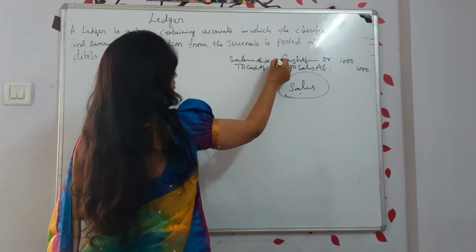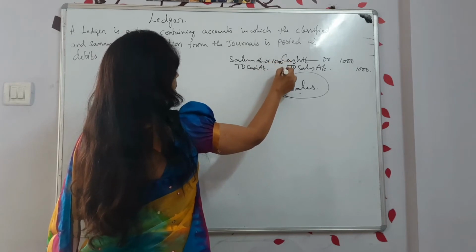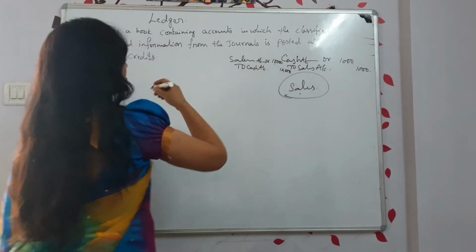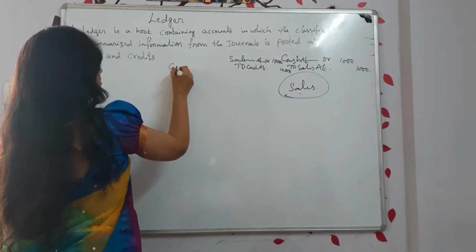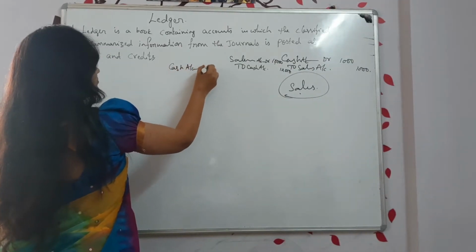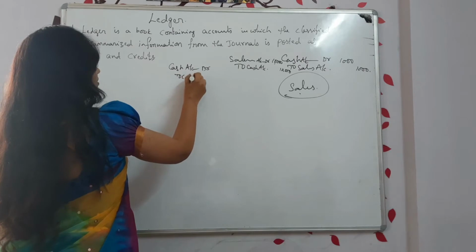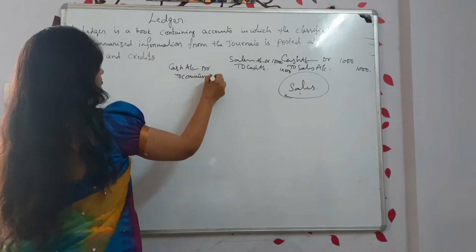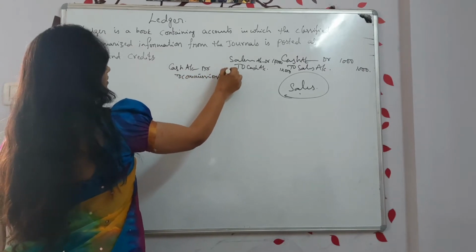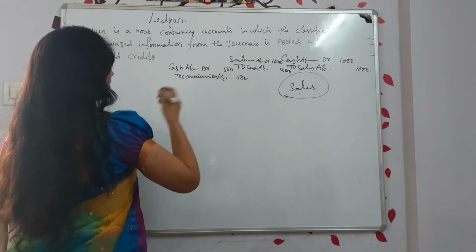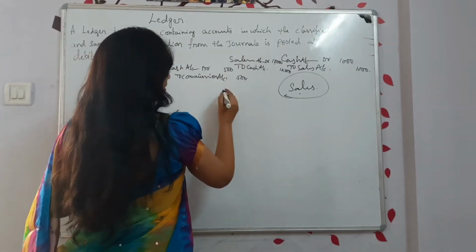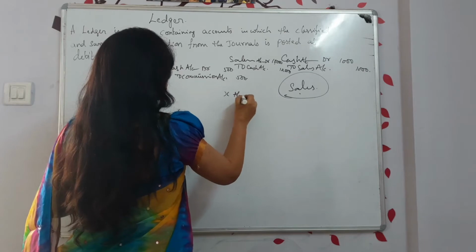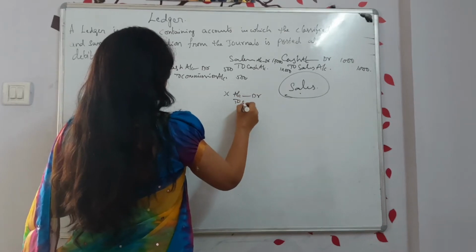How much? 10,000. Next, I have received some commission: cash account debit to commission account, 500. And again I sold to someone, some X I am taking. So X account debit to sales account.